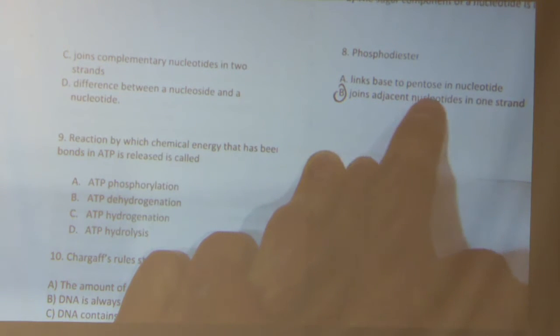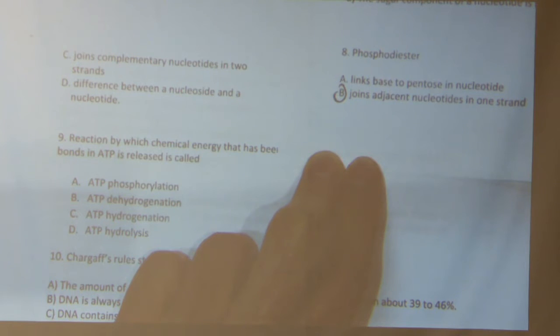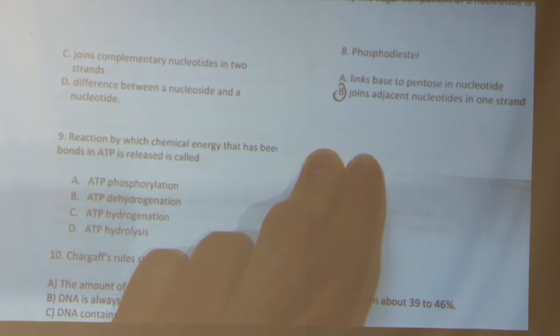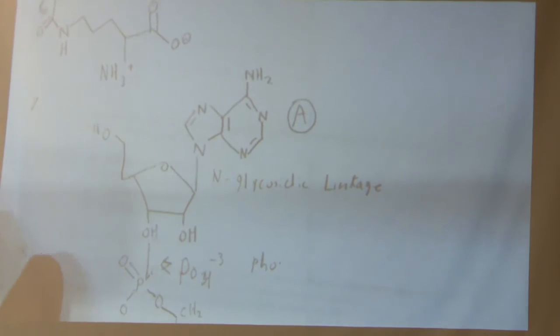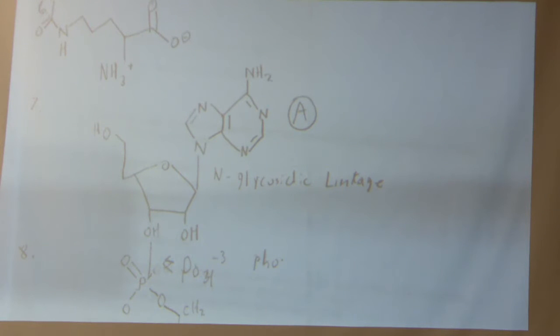So B is joining adjacent nucleotides in one strand. A links bases to a pentose in a nucleotide. What type of bond is that? Glycosidic. So in the previous question, we could draw out where the glycosidic bond happens. And what carbon does that usually happen on? 1,4? So I see position 1 when I drew out a molecule. So I'll show you guys. Here's an example of an N-glycosidic linkage.